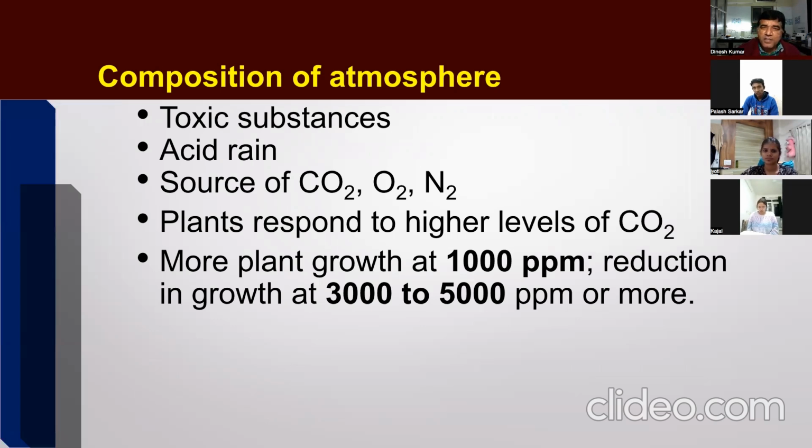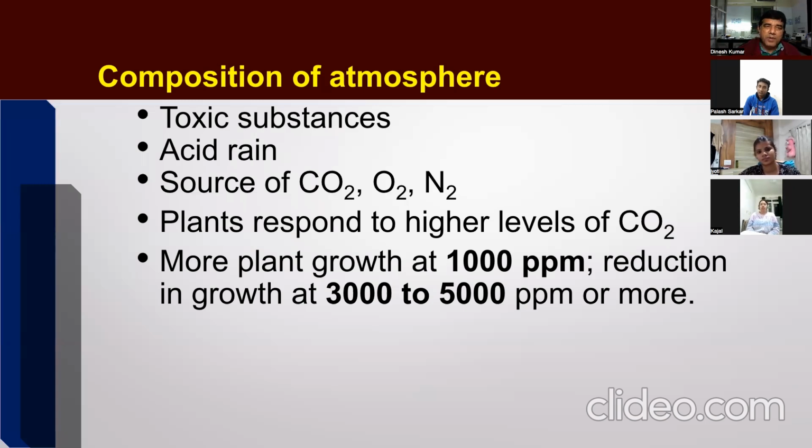But this is a very general statement from my side. It will vary with the plant species. Some plant species respond better to enriched CO2 concentration, and some do not. But photosynthesis will increase among all plants if you increase the CO2 concentration over the present concentration in the atmosphere.